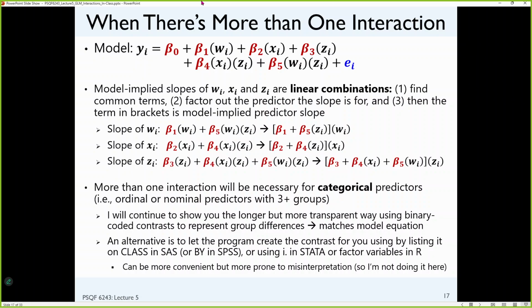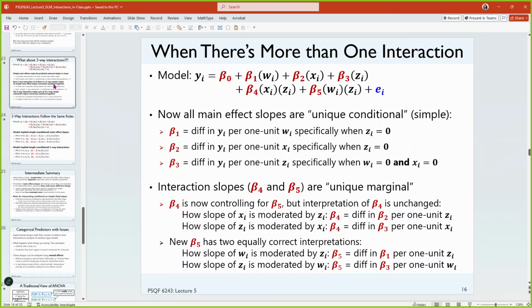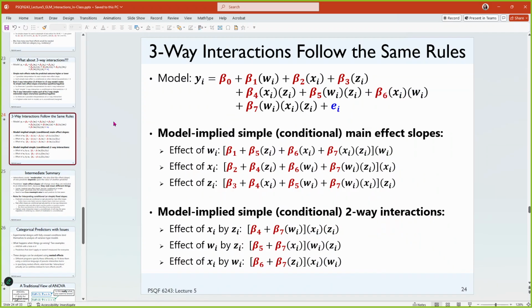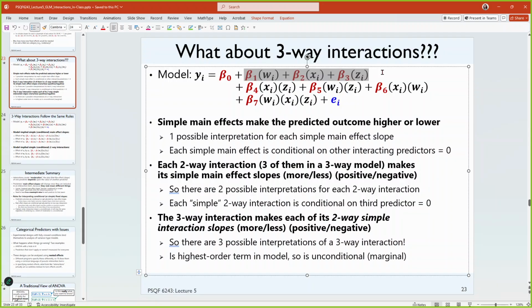So I think I can answer this better if I fast forward to the three-way interaction slide. So three-way interactions, for instance. If I had something that looked like this, I have three main effects, I have all possible two-way interactions among them, and then I have a three-way.